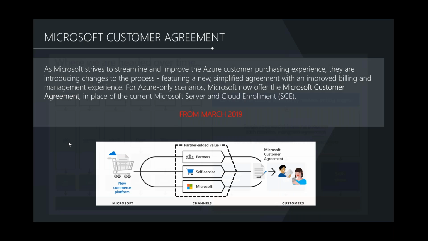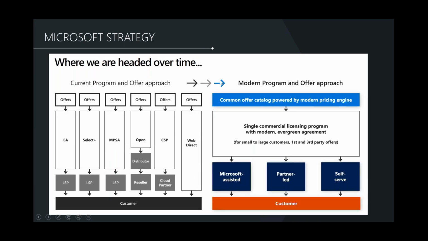because this next slide shows where Microsoft are heading over time, and it is a little complicated, but effectively on the left hand side you can see all these various agreement offerings, whether it's CSP, MPSA, Select, Enterprise Agreement. Some of them are filtered through an LSP, some of them are filtered through DISTI, some of them are done directly, for example WebDirect. What Microsoft want to get to over a long period of time is a common catalog.